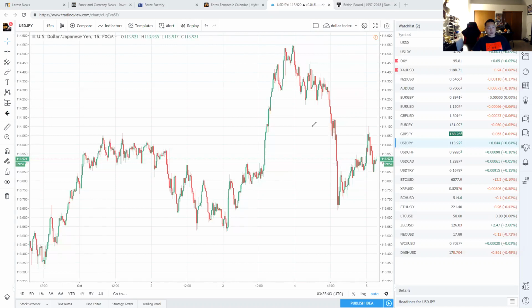And by far it has the second lowest spreads compared to Euro USD. We know that Euro USD has the lowest spread, but USD/JPY is very comparable to Euro USD's low spreads. Maybe a little bit higher, but not as high as the pound or USD CAD or Australia, New Zealand.